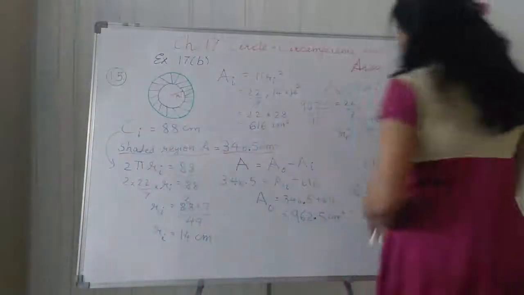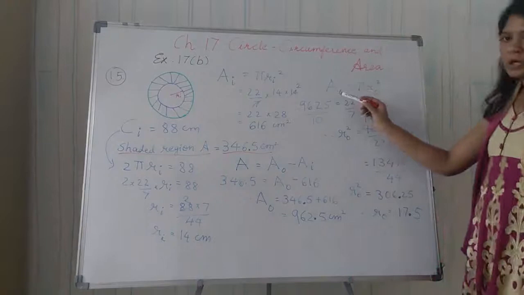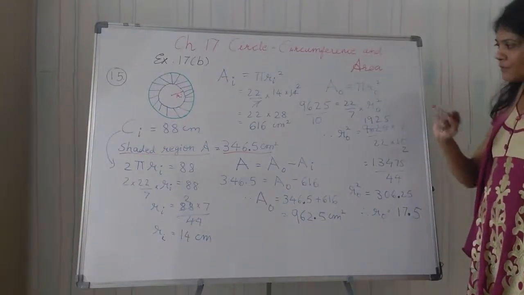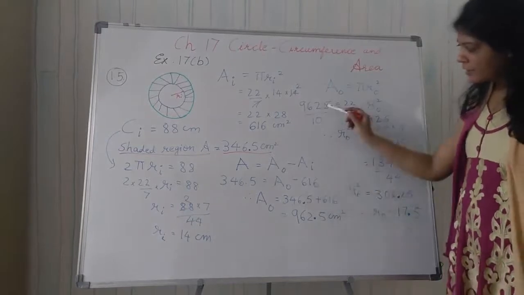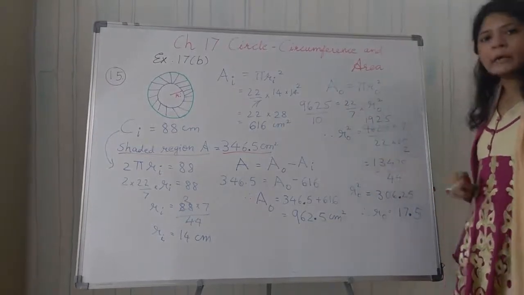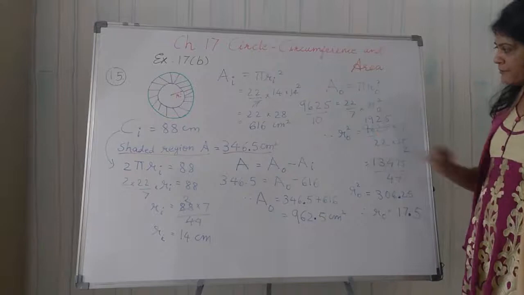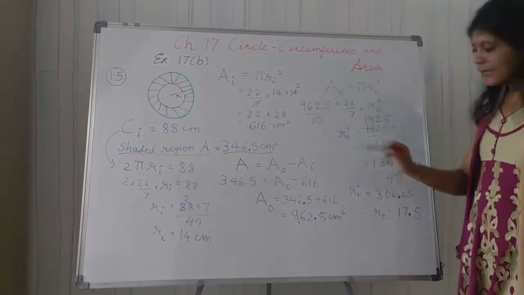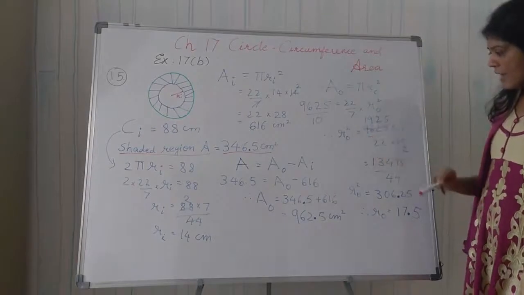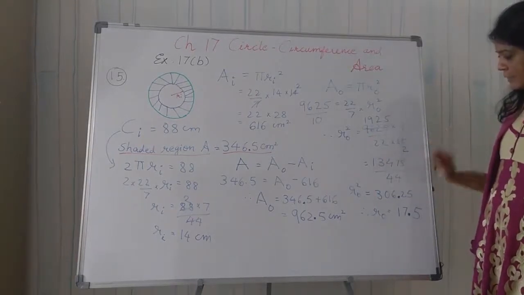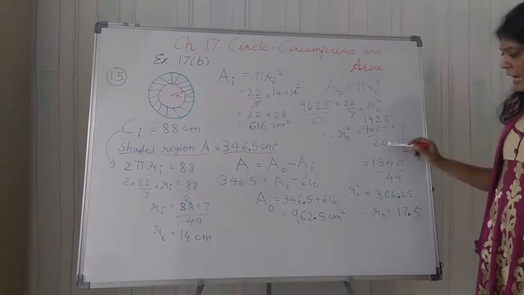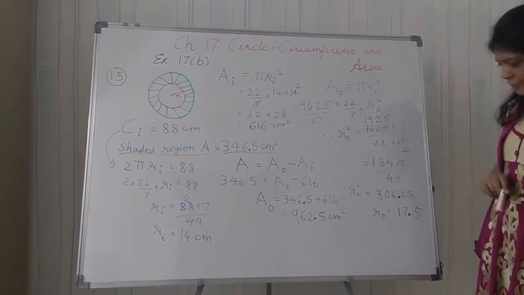So, here you see, I substitute formula here, outer area is equal to pi Ro square. Now, I removed the point and kept 10 in denominator and here 22 by 7. So, now taking the things on other side, I get Ro square as 1925 multiply 7, that is 13,475, and 22 2s are 44 here.